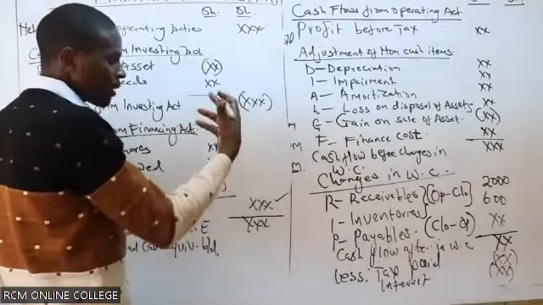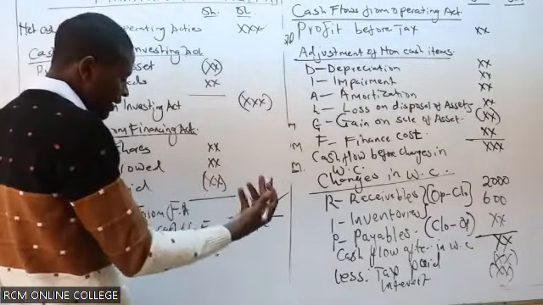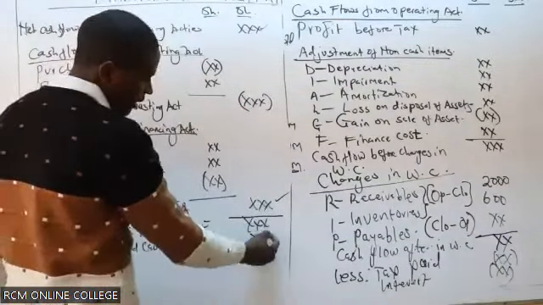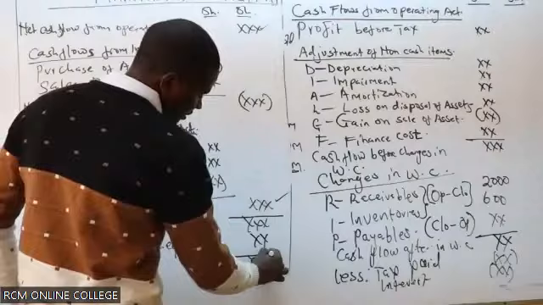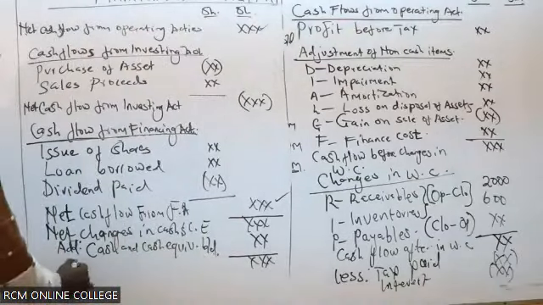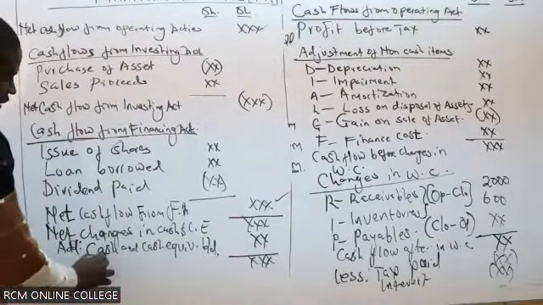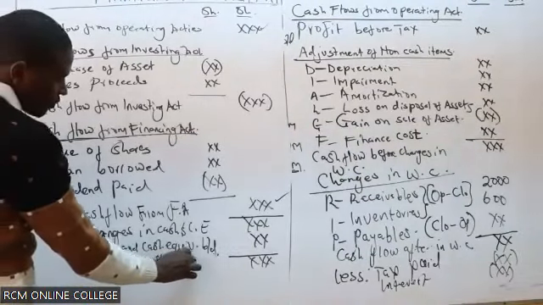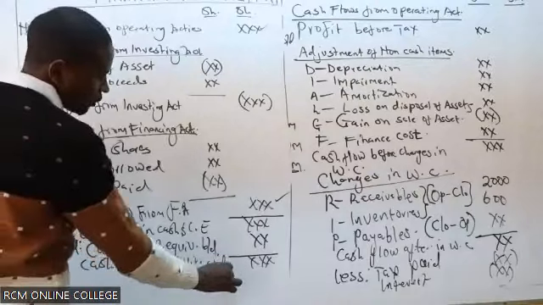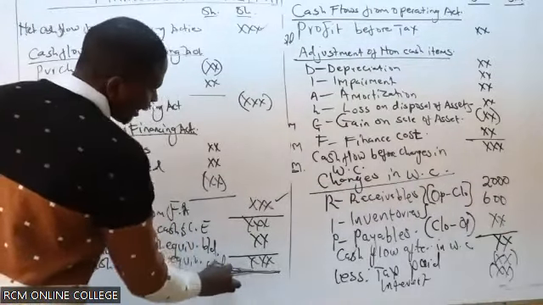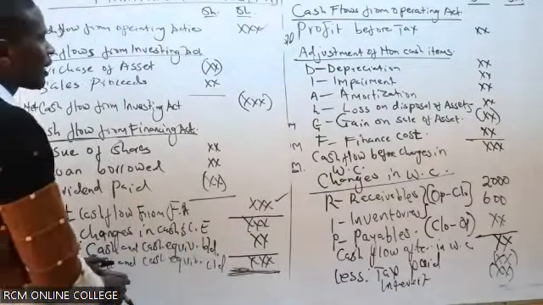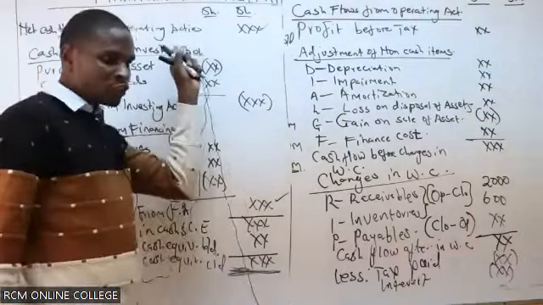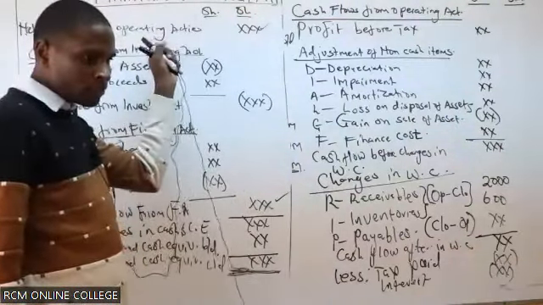Iko kwa our year 2020 brought down, unaongeza pale. Alafu sasa what we get as the result here class, it is cash and cash equivalent carried down. And this one, it should match with the cash in the closing.